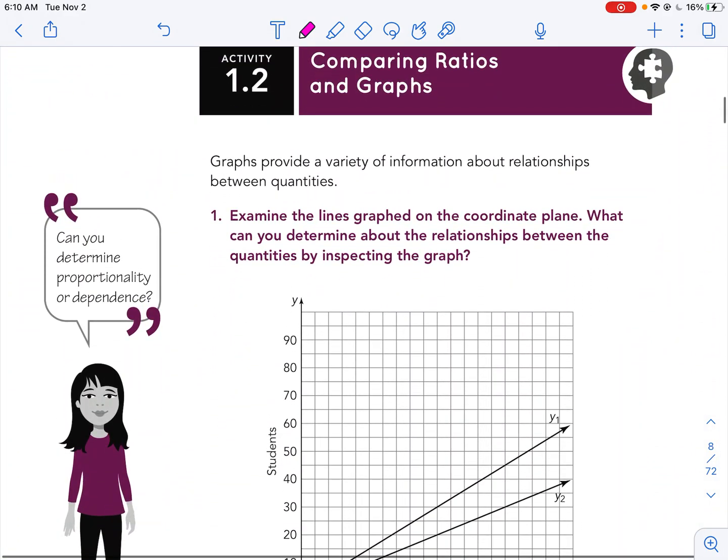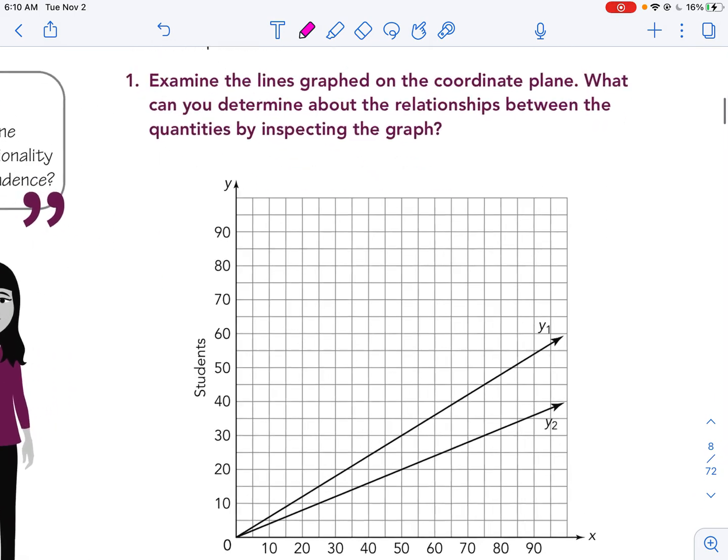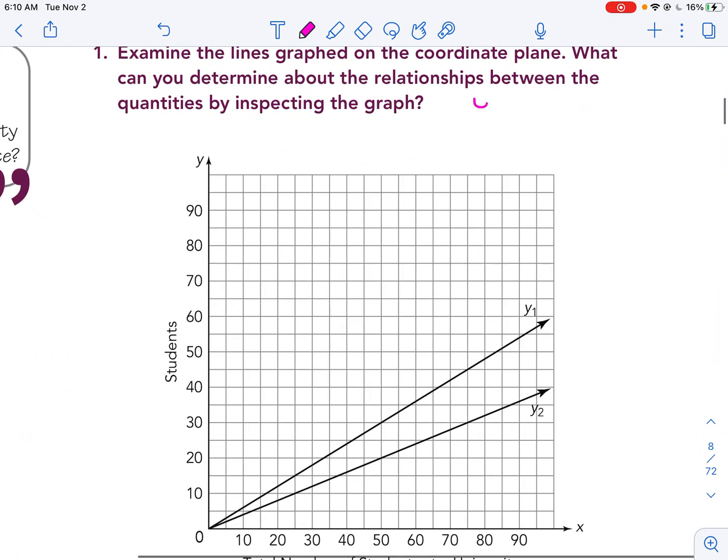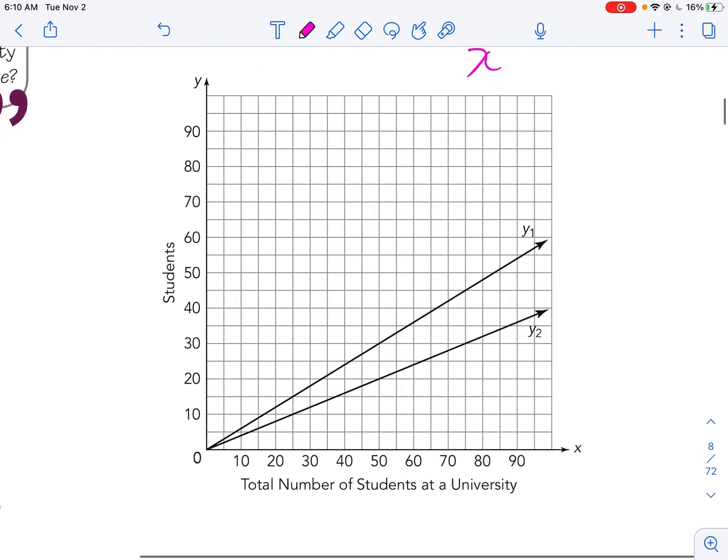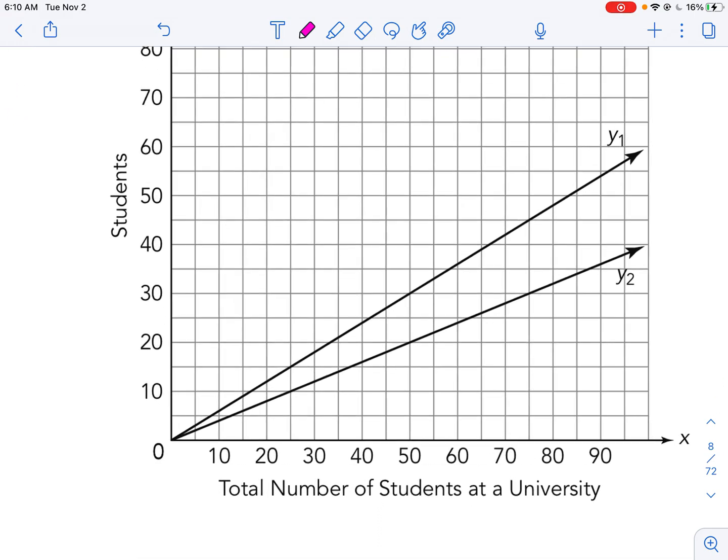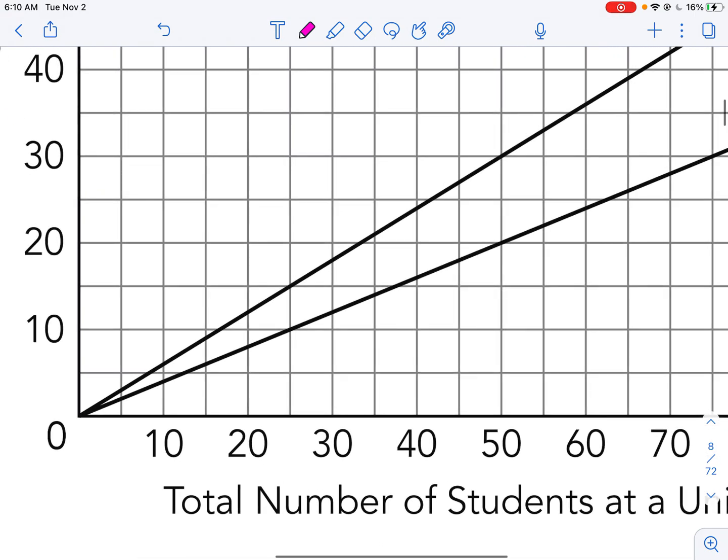Okay, comparing the ratios and graphs. So we're going to look at this. Remember, it's y over x. So we're going to see how tall it is. Let's see how tall this one is.